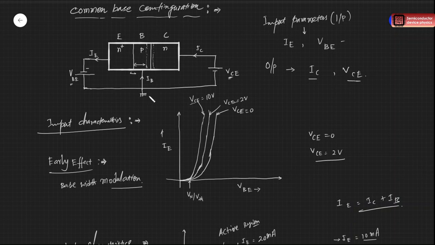We are not monitoring the base current here, but the base current will reduce, though we are not plotting it here, because in our input parameters we have emitter current and base emitter voltage, but in the common emitter configuration we are plotting the base current.